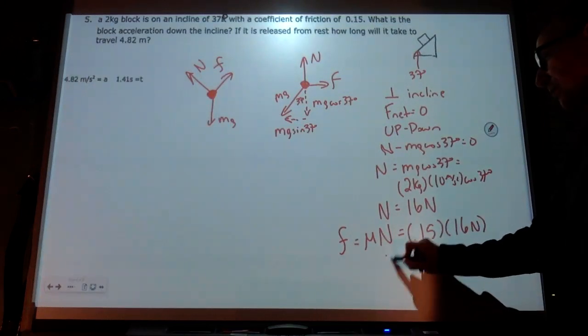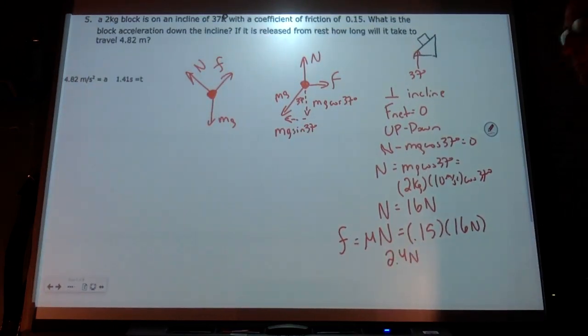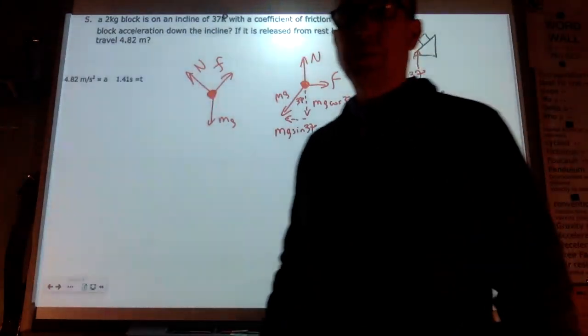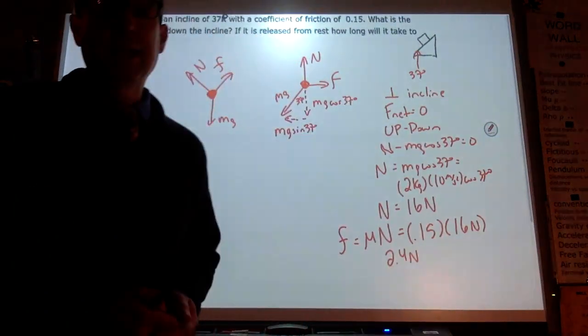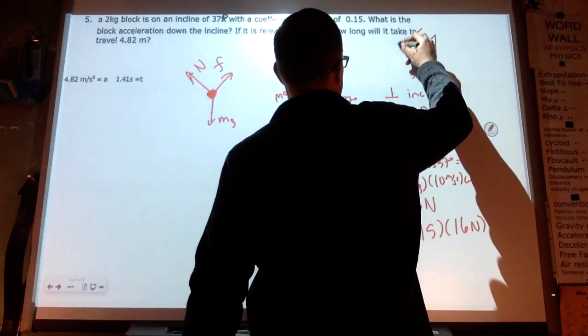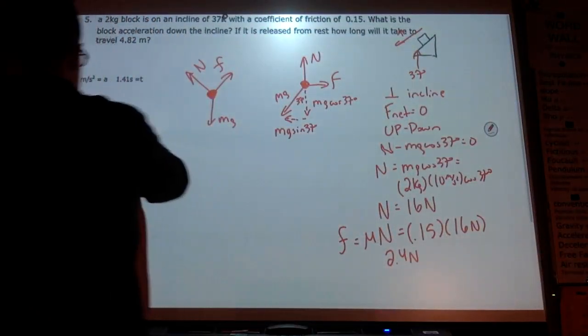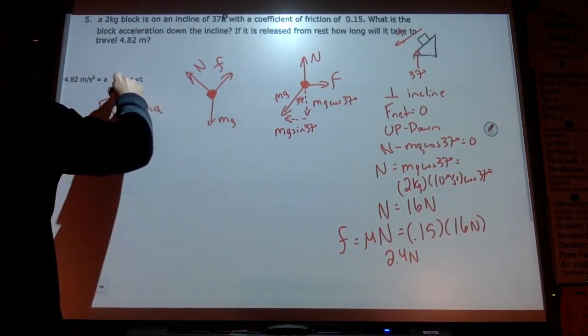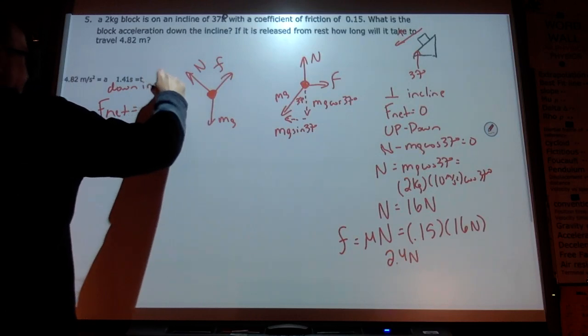And I get a force of friction of 2.4, which is weirdly the same one we got previously in the last problem. All right, so down the incline, I'm going to have acceleration, and it's going to go this way, so I'm going to make that my positive direction. So I'm going to say F net equals ma down the incline, parallel to the incline.